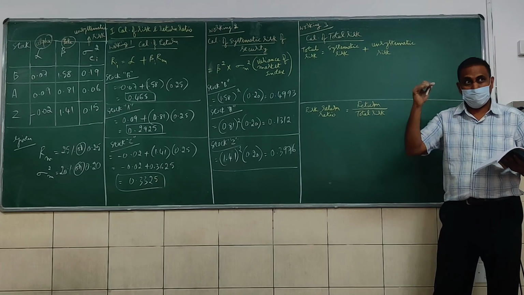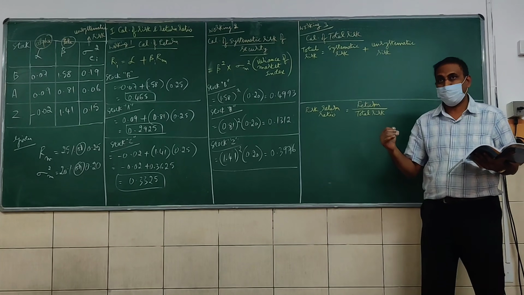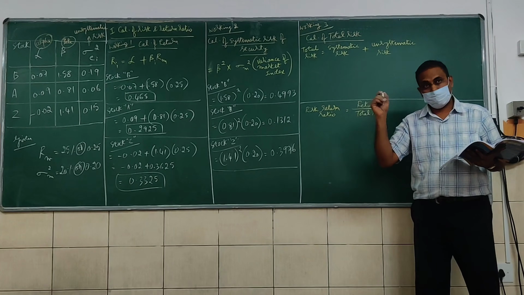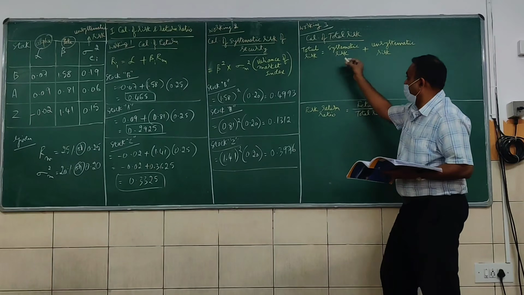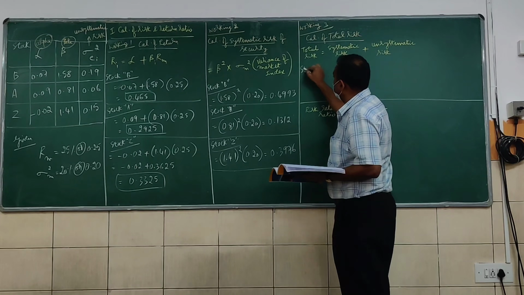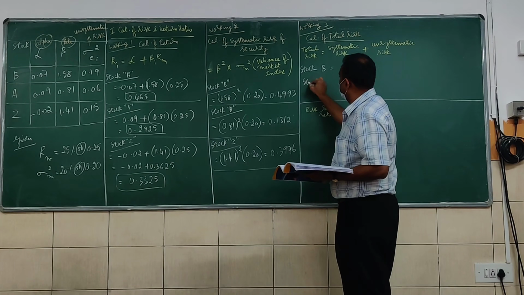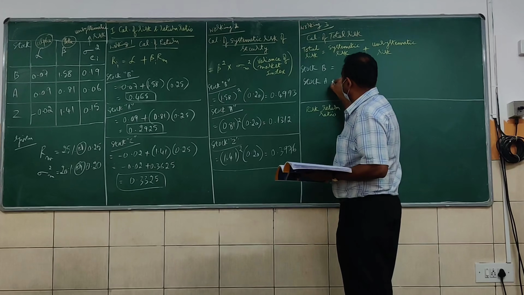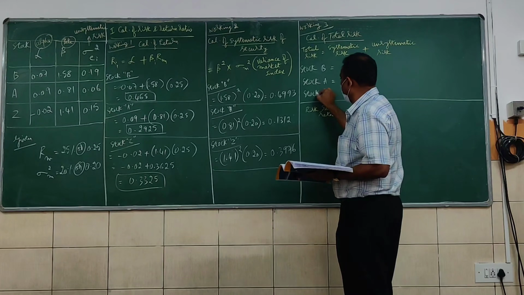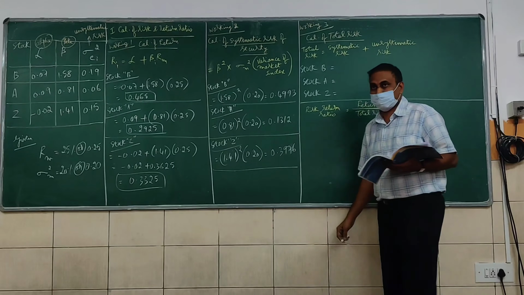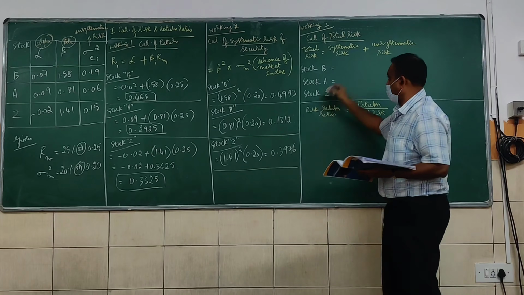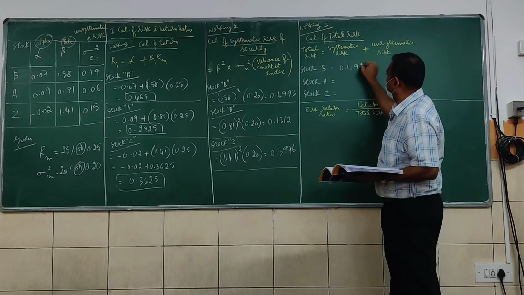Individually, slowly, you have to work step by step. If you have a doubt, you can ask me later also. Next, finding the total risk. Systematic risk we have found just now.